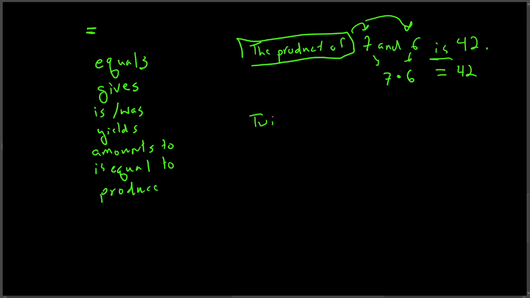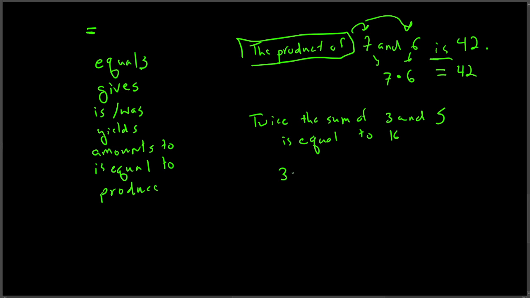Let's see, twice the sum of 3 and 5 is equal to 16. All right, so twice the sum of. So I'm multiplying the sum of something.